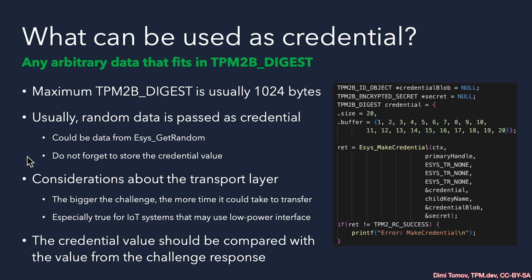So in order to verify the challenge later, make sure to store whatever data you generated and use this challenge during the makeCredential process. The transport layer in modern times seems to be a problem mostly for battery-powered devices, since today we have a lot of wireless connectivity options. At the same time, remember that the bigger the challenge you set in makeCredential, the longer it would take to transfer. And I think this matters especially for IoT systems.